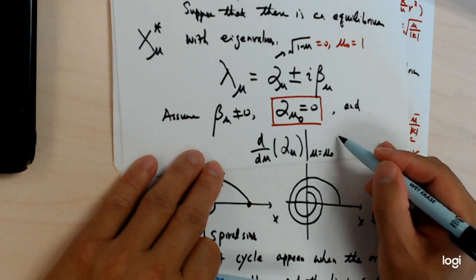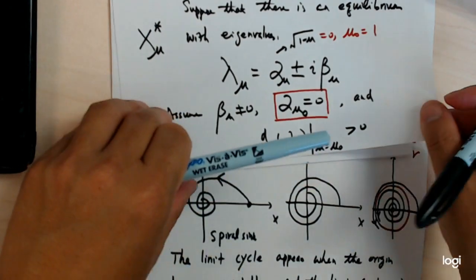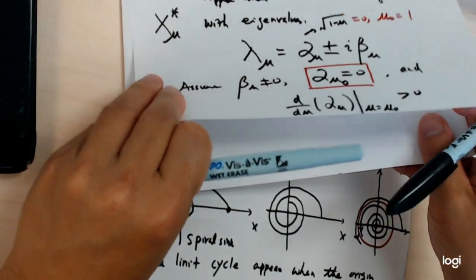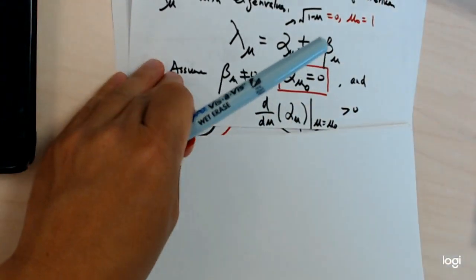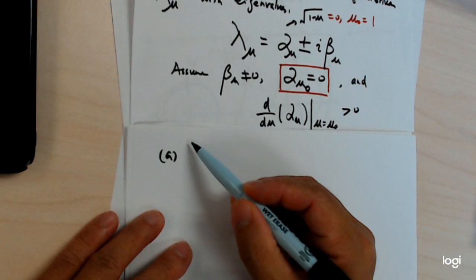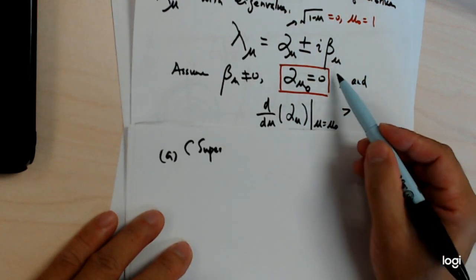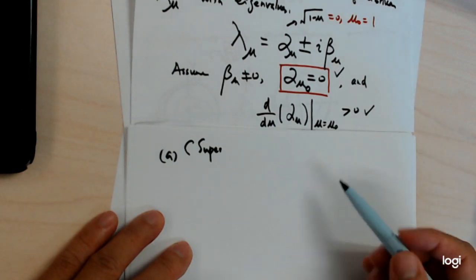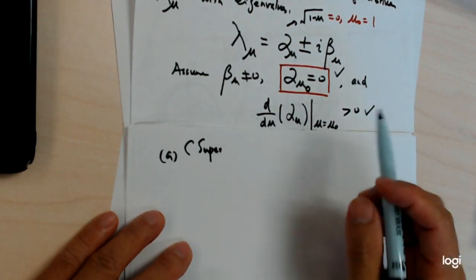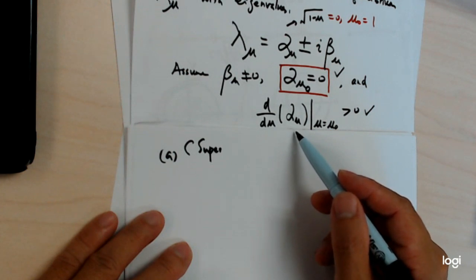If this is not 0, then you have Hopf bifurcation, and then you have the following conclusion. So that's one requirement, and that's the second requirement. These are the two requirements. This is what you use to find mu naught. This is the condition that you need to verify.